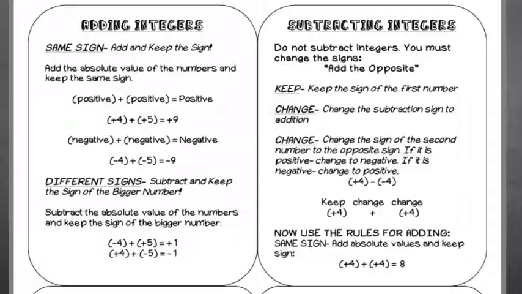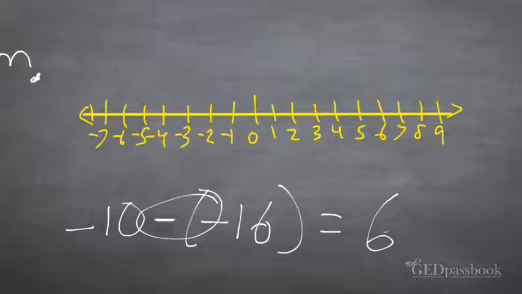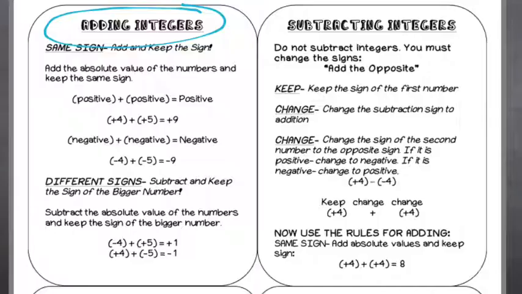It says, when you are adding integers, just numbers, positive and negatives, if you have a problem with an adding symbol in the middle, you're going to want to use this section rule.